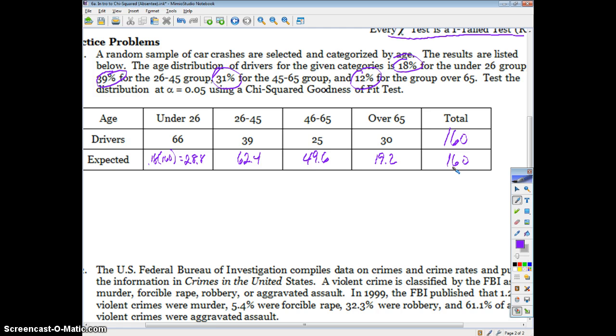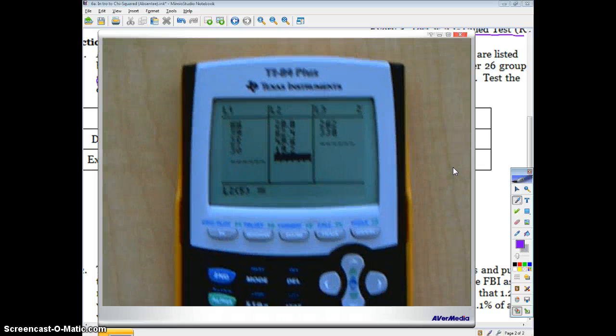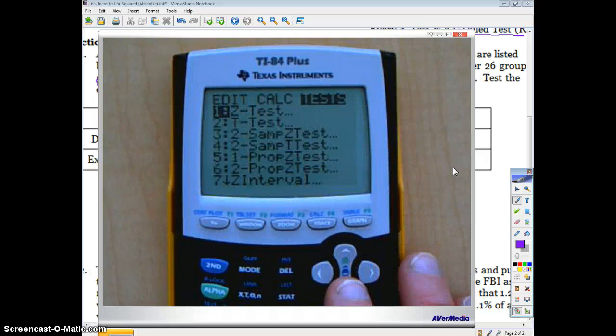So again, the idea is the same here. When I plug in my data, I have my data in, and again, same idea.